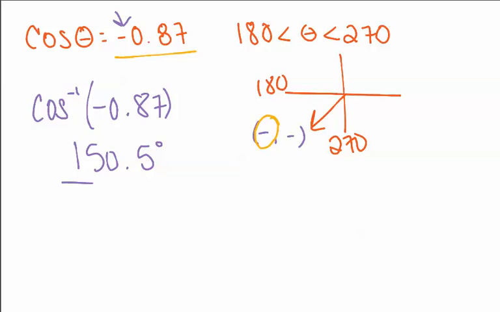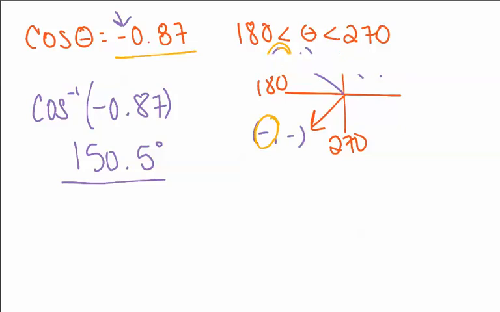So 150.5 degrees is actually in quadrant 2. And I just told you that you're usually going to get reference angles that are in quadrant 1. Well, we're not getting that here because since this is negative, in quadrant 1, cosine is actually positive. So in quadrant 2 here, cosine is negative, so it's giving me that value there. That has to do with the domain. We'll get more into that when we're graphing, but I want you to see how to deal with this.